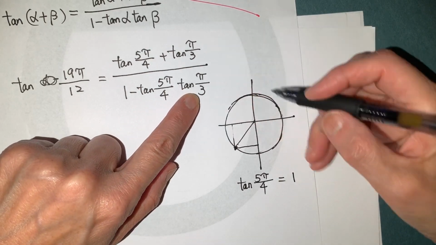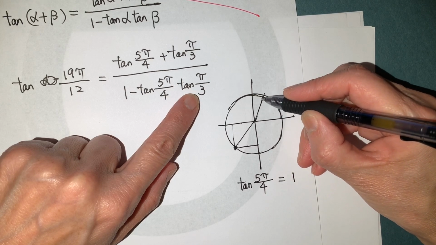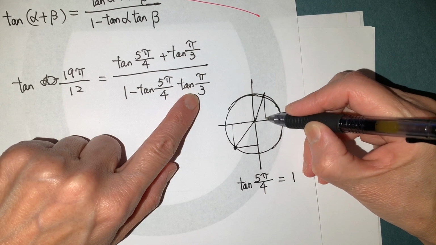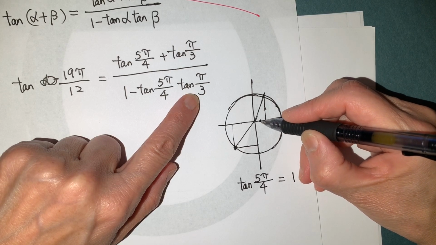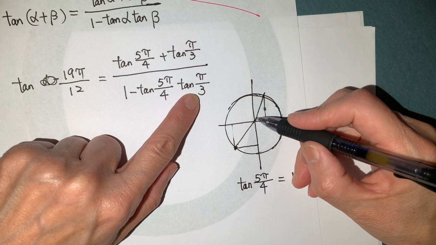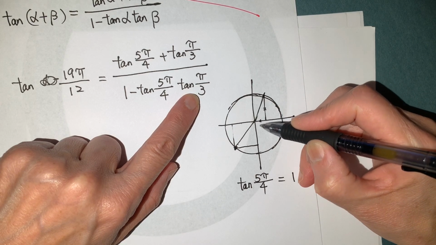And tangent pi over 3, which is 60 degrees. So this is root 3 over here, this is 1, this is 2.